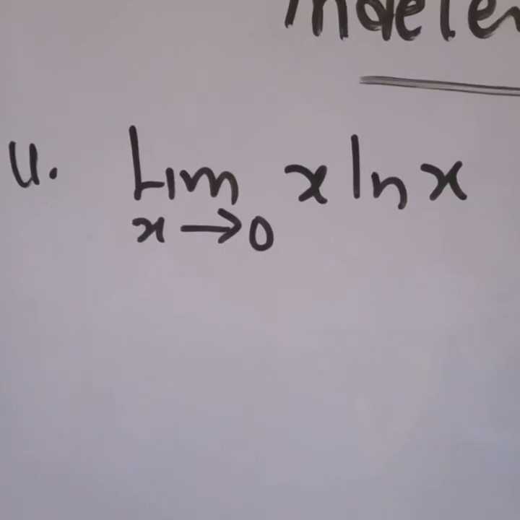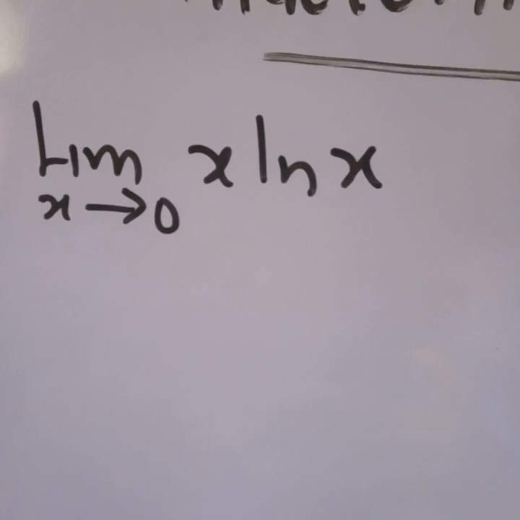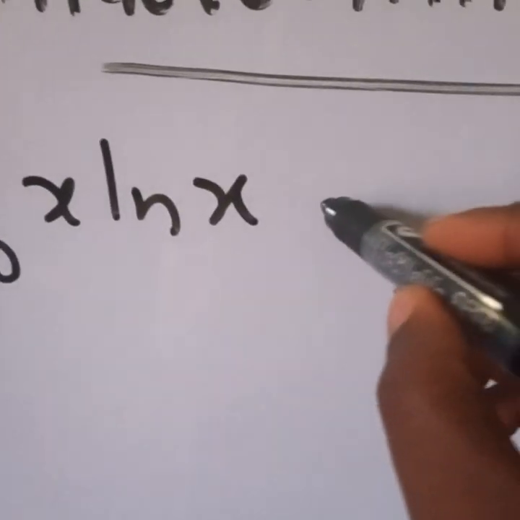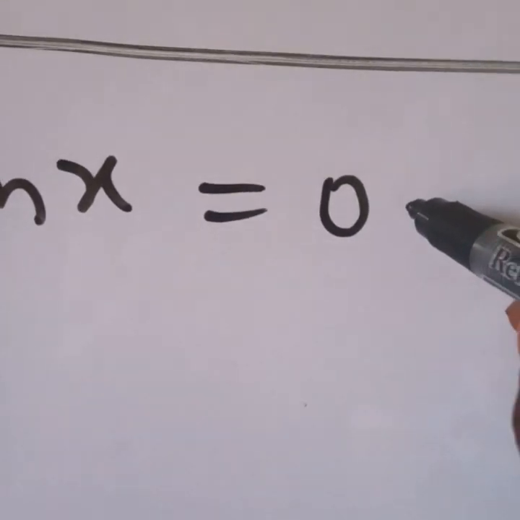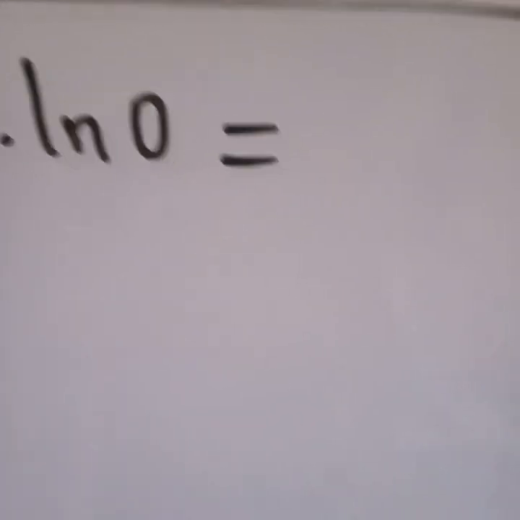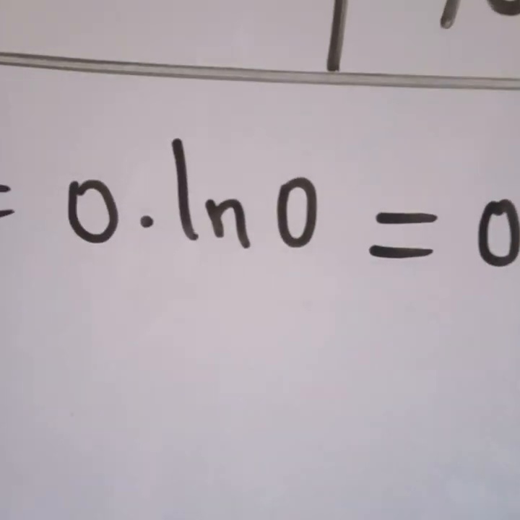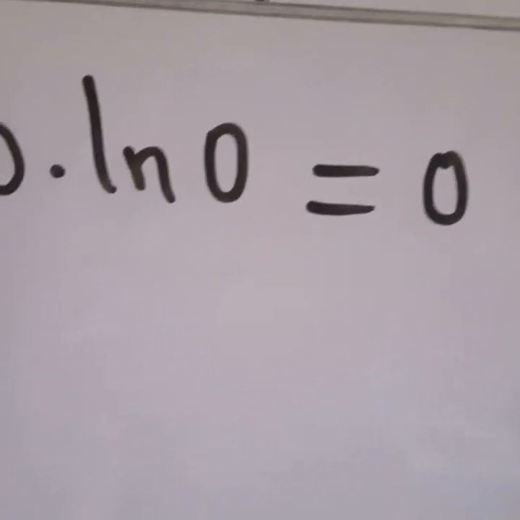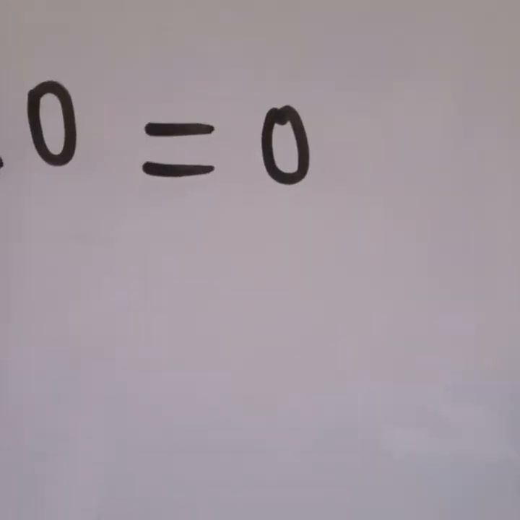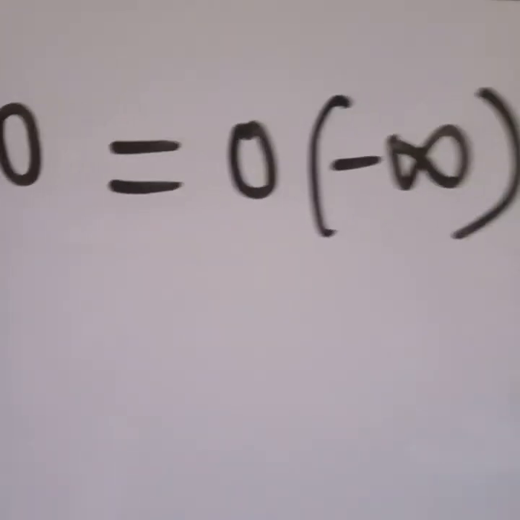Also, for example 2, if we substitute for x, this will be 0 multiplied by ln 0, and this is equal to 0. When we press the calculator to evaluate ln 0, we get negative infinity.